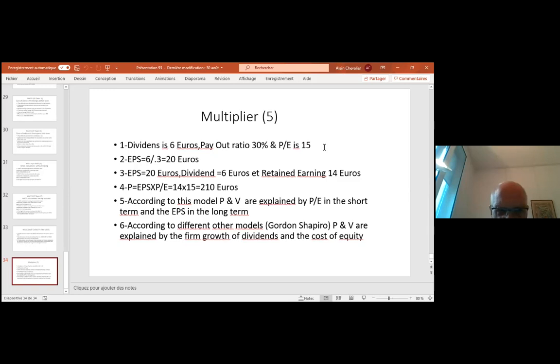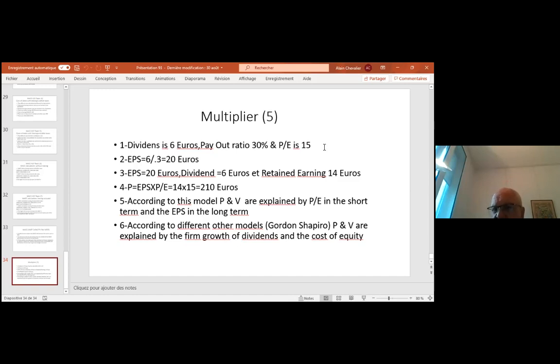It is equal to 20 multiplied by 15, which is equal to 300. Here we'll make a correction. According to this model, price and value are explained by the PE in the short term.